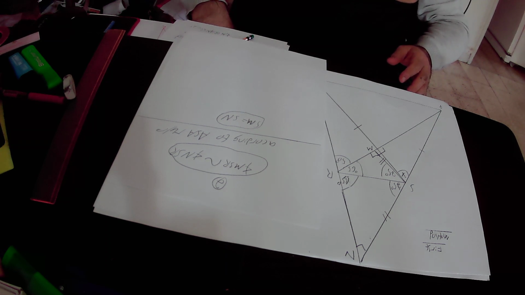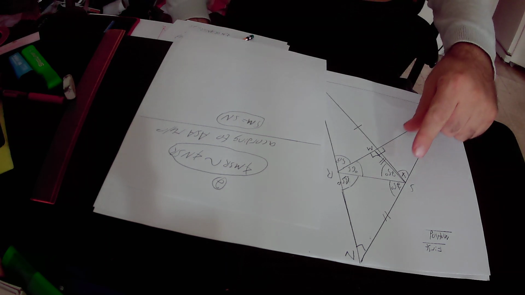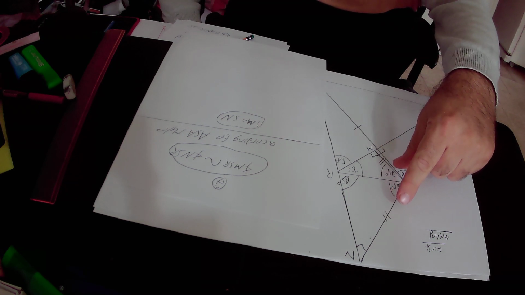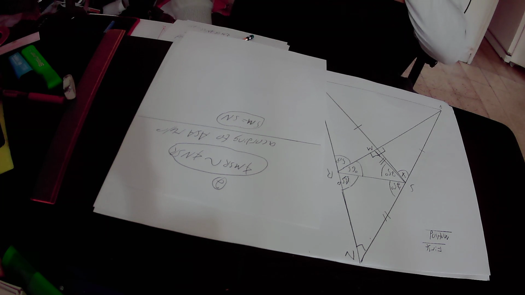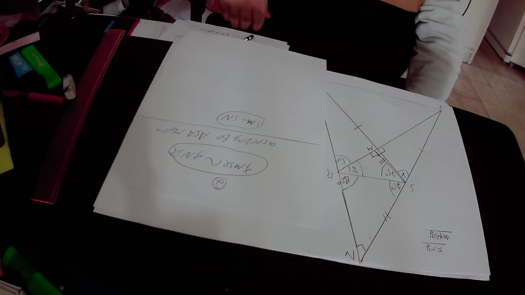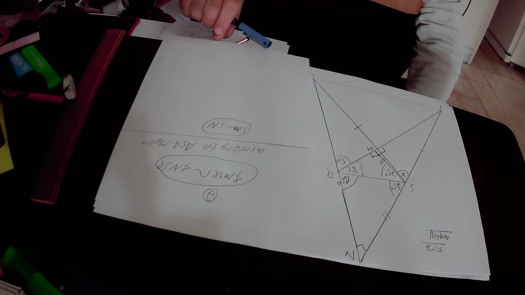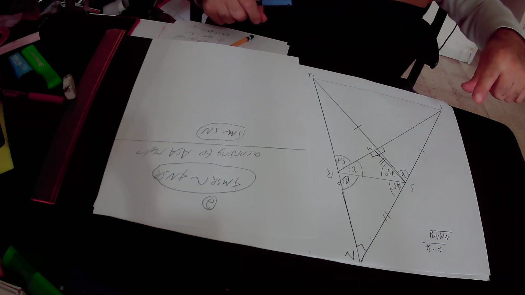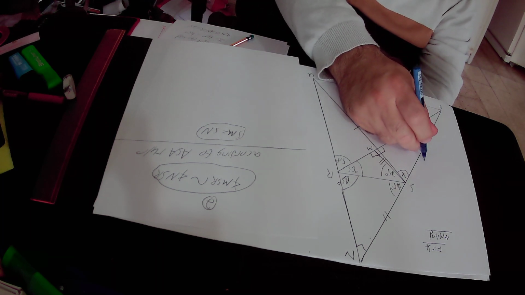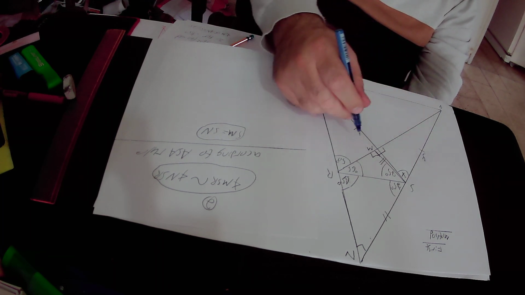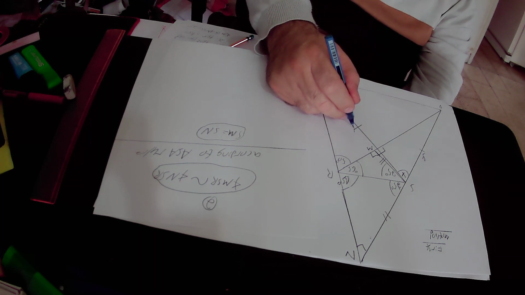So we found that SM equals SN. And it is given in the question that SQ is equal to SP. So if we define SP as Y, then SQ will also be equal to Y.